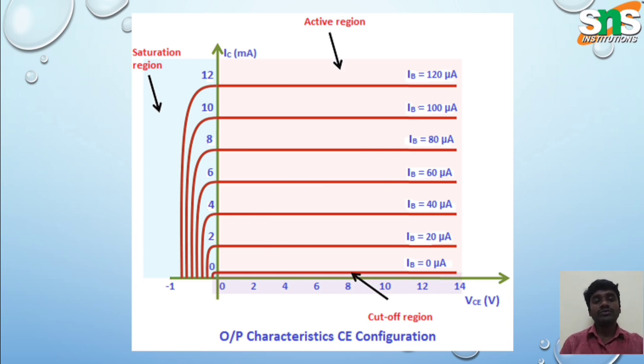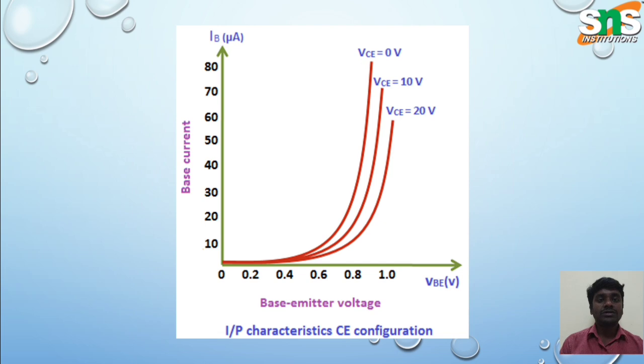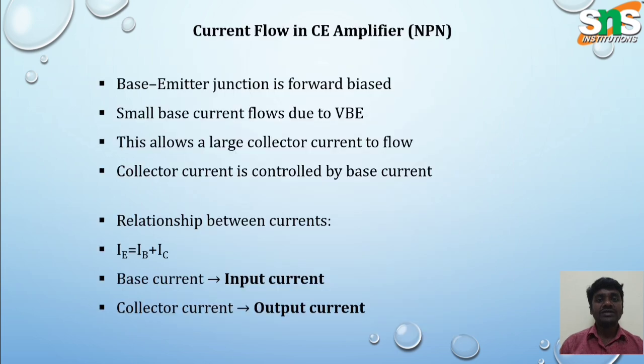So this is the output characteristics of the common emitter configuration. By this graph we can conclude that while increasing the IB current, the IC also increases, because IE is equal to IB plus IC.